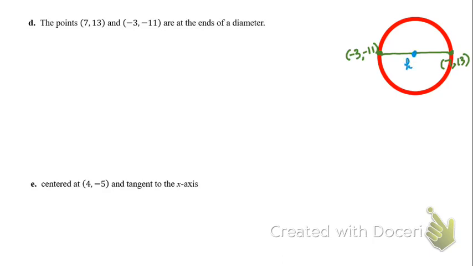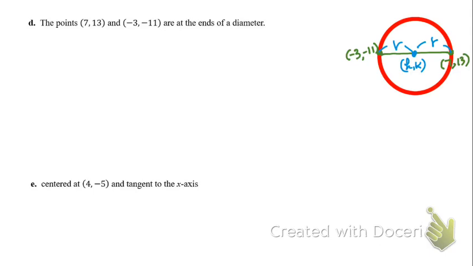So we need h and k. And I think we remember that to find the center of the circle is kind of like finding the midpoint, right? And then we also need the radius. So this is where the questions don't give us all the information straight, but they give us enough information to find them.